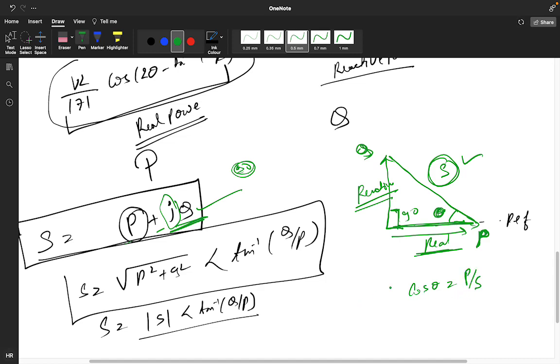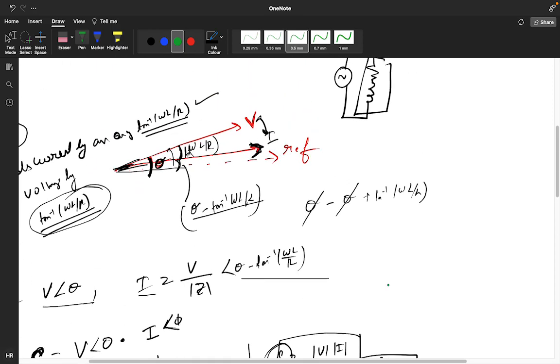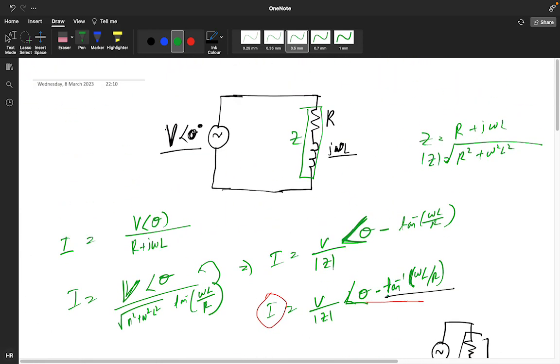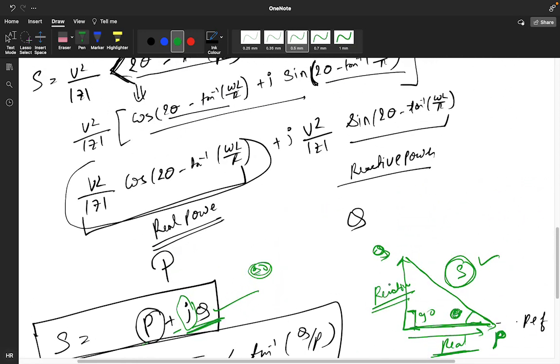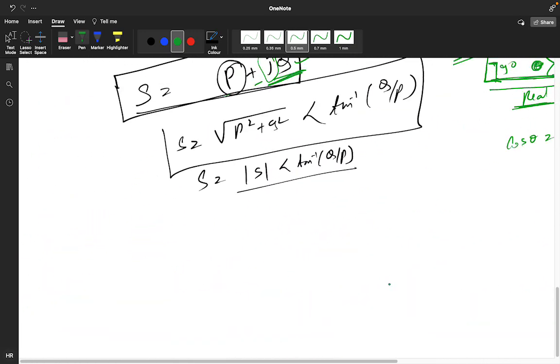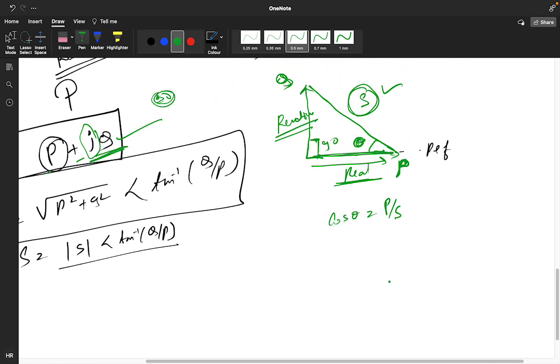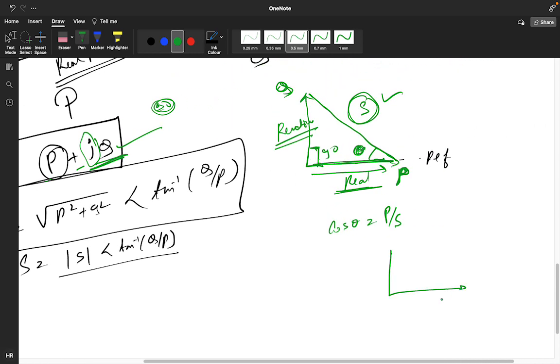And we have here also, let me draw the circuit. We are getting R here, XL here, this particular one was Z, and this was theta.